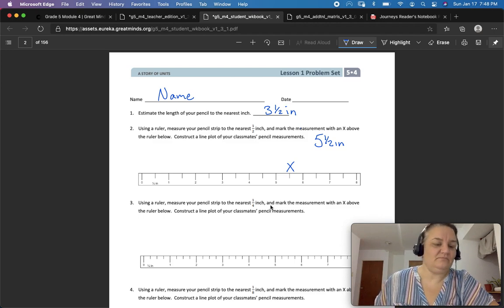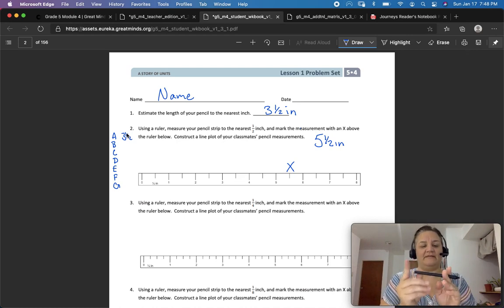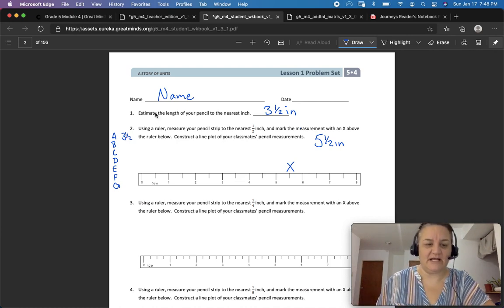Now, we are not talking to our classmates right now because they're not here. So let's just say, for example, that we have student A, student B, student C, student D, student E, student F, and student G, okay? If student A's pencil is 3.5 inches, maybe they've sharpened it a few times.